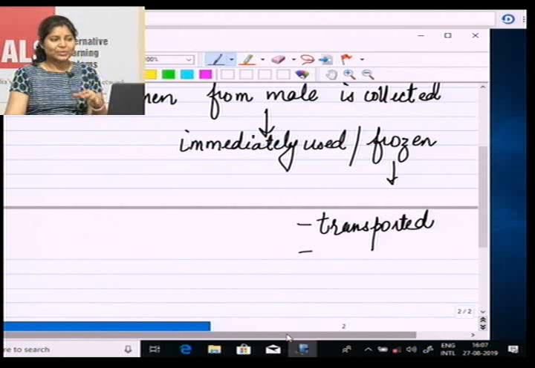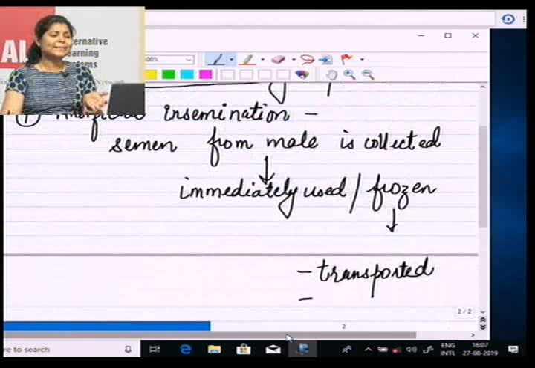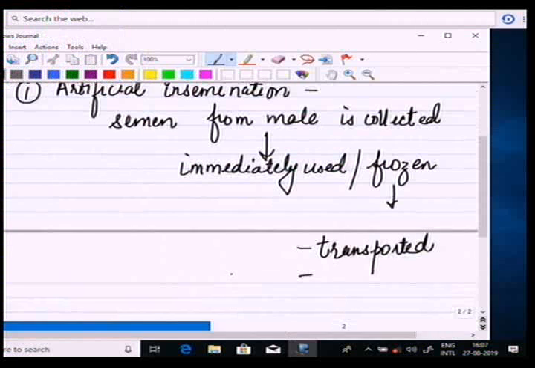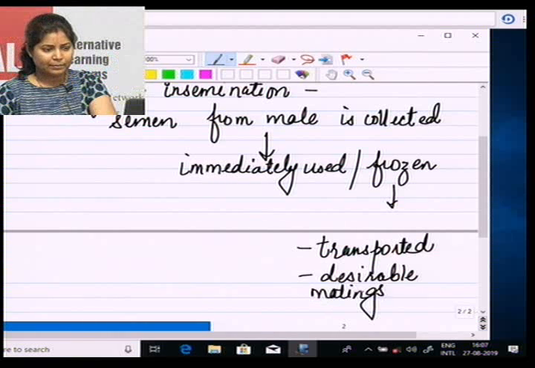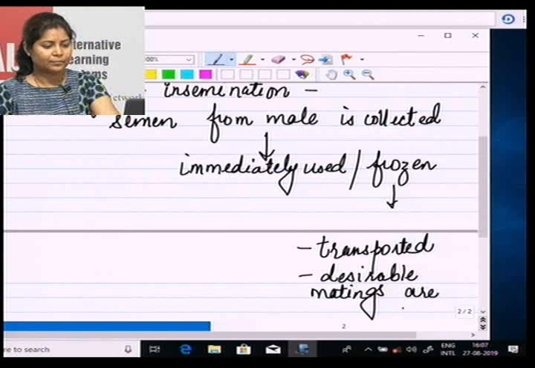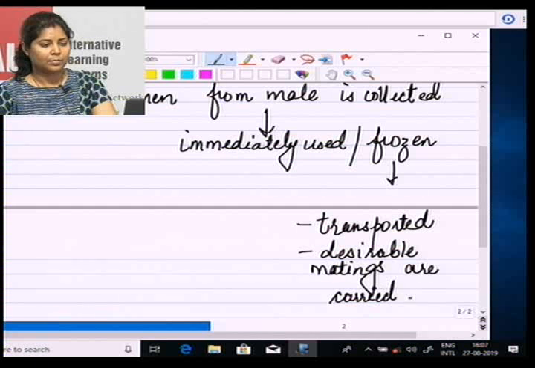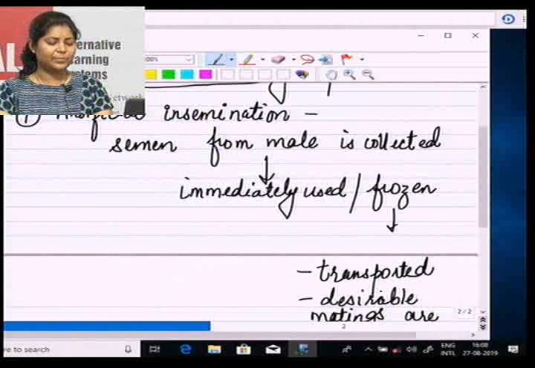So this is the biggest advantage of this technique: we can collect it, freeze it, and later use it as we wish. So it can be transported, and desirable matings are carried out. This is what we have in the artificial insemination program.